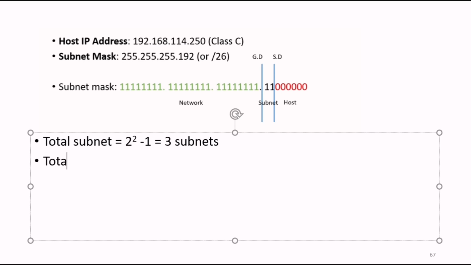Another question is to find the total hosts for each subnet. For this one, we need to know the total number of bits in the host range.